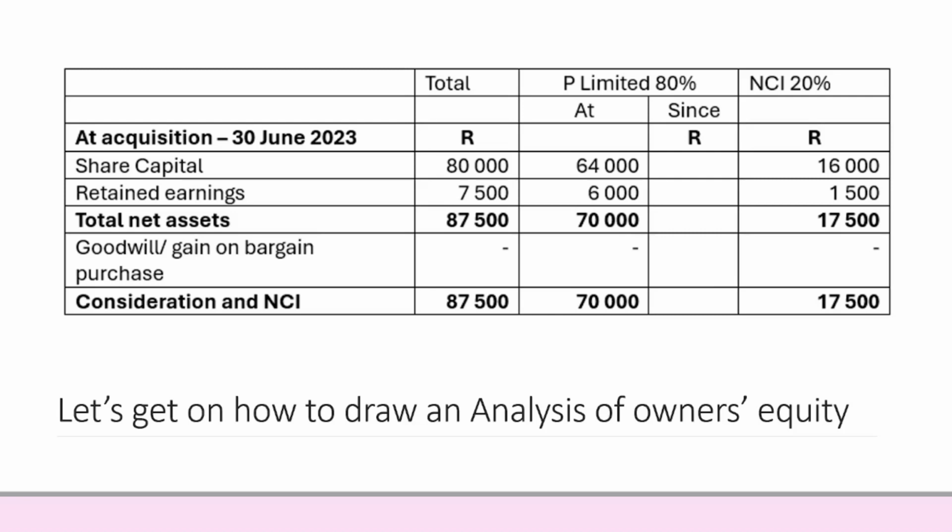Either dividends were paid, those would have gone to retained earnings. If after acquisition, dividends were paid and we're now, let's say, on the 30th of June 2025. We're in the future. We work in the future here.